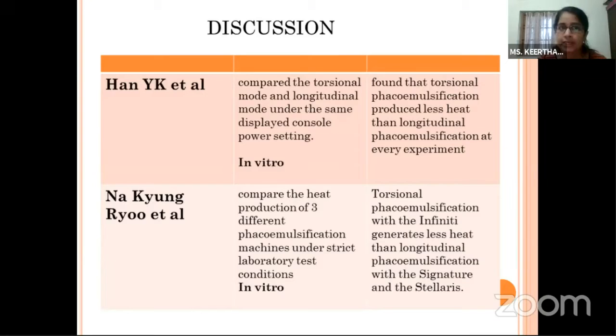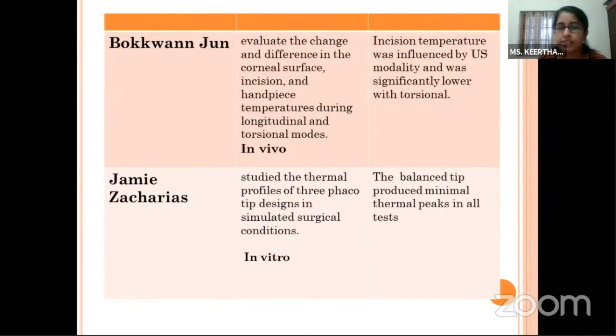Bokwan Jun et al. evaluated the change and difference in corneal surface incision and handpiece temperature during longitudinal and torsional modes, and incision temperature was influenced by ultrasound modality and was significantly lower with the torsional.